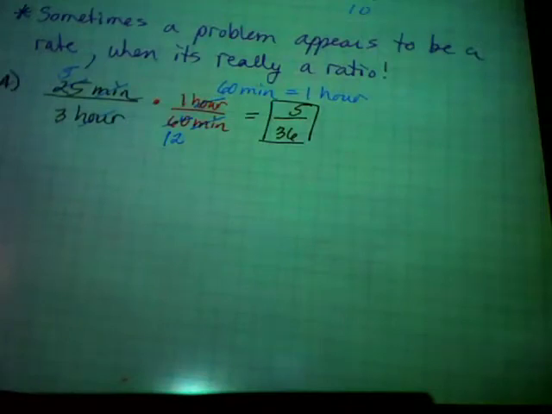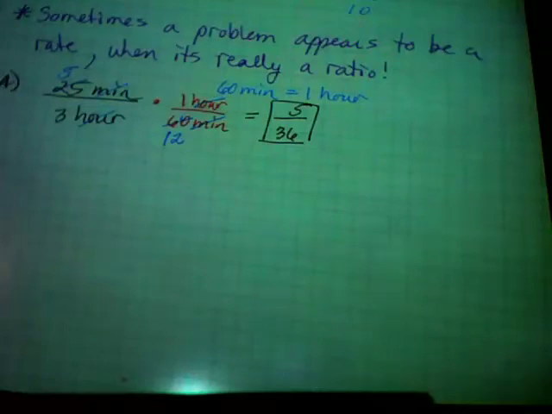How many seconds are in 1 minute? 60 seconds. Are you listening, Ryan? How many days in a week? 7 days equals 1 week. How many hours in a day? 24 hours to 1 day. How many feet in a mile? 5,280 feet equal 1 mile. You might want to write that down.